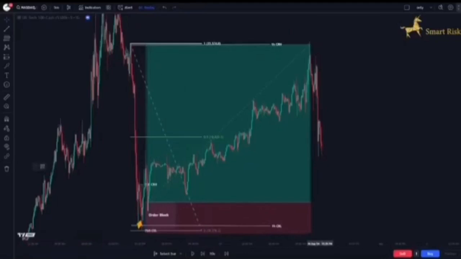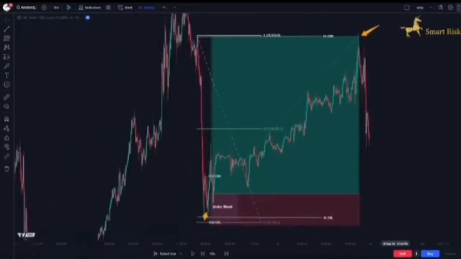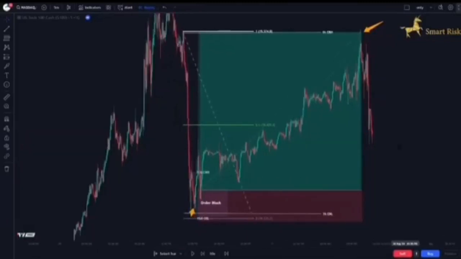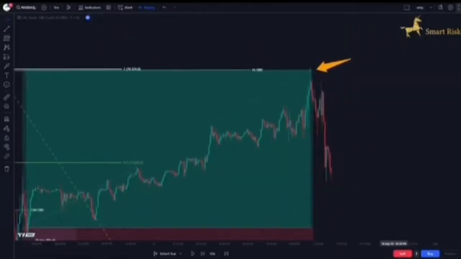Eventually, the price hits the second profit target at the highest point of the 1-hour time frame's 2 p.m. candle range, and the trade plays out successfully. Now, let's move on to the next example.